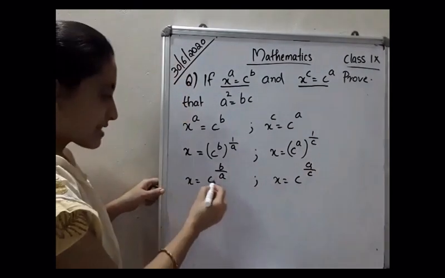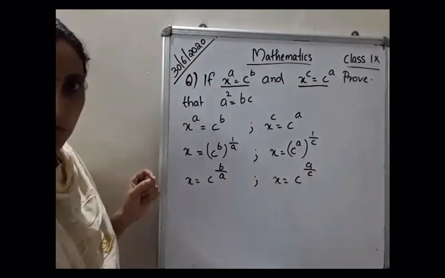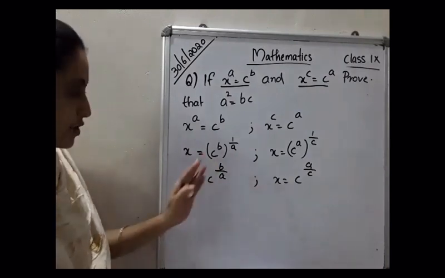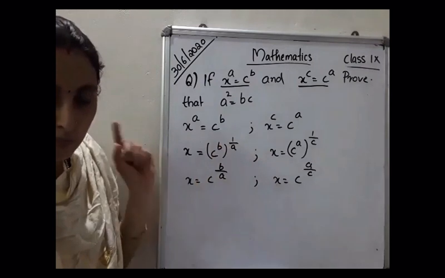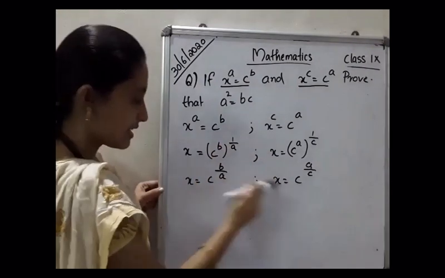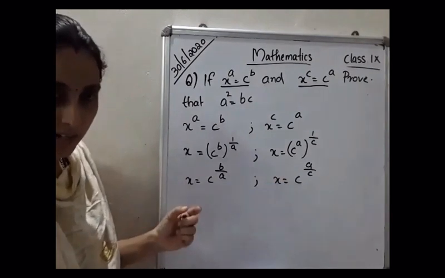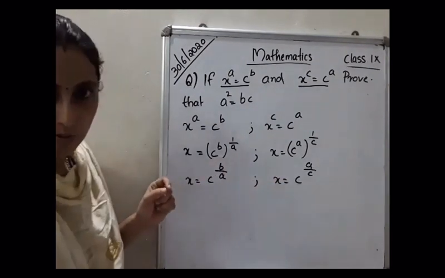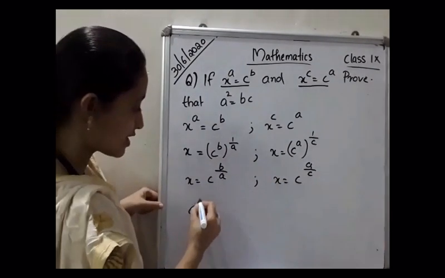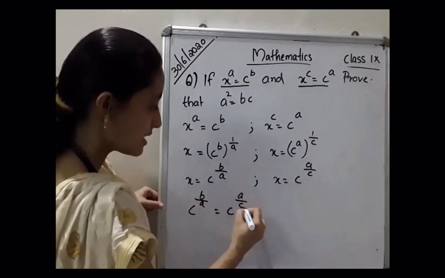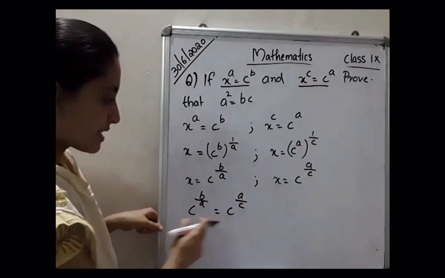Here x is equal to this, and here also x is equal to that, so you can equate the other quantities. Please remember that if x is equal to some quantity in both, you can equate those quantities. That is, c raised to b by a is equal to c raised to a by c. The base is the same.